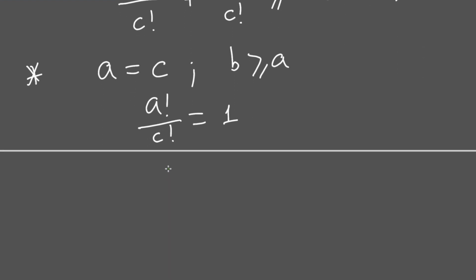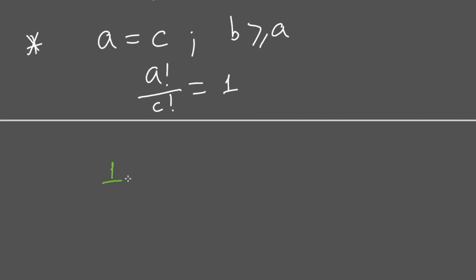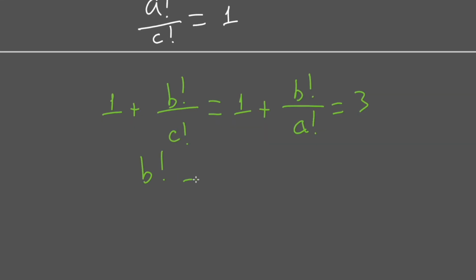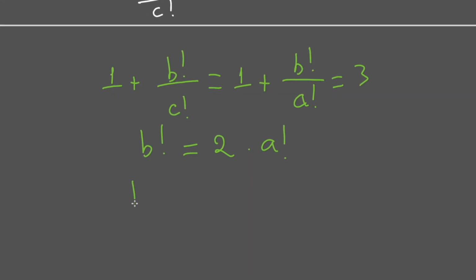Replace it into the equation, which would be 1 plus b!/c! equal to 3. So b! equals 2 multiplied by c!, and you have b ≥ c.